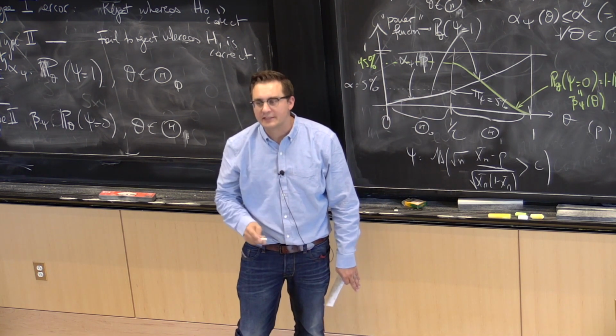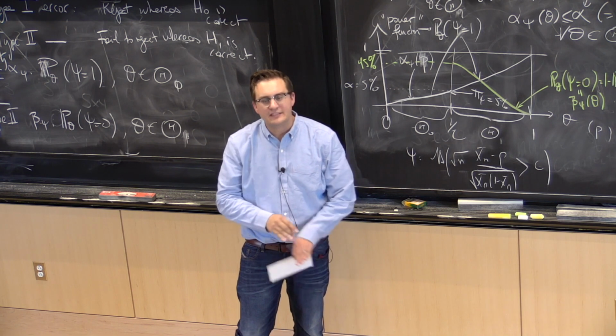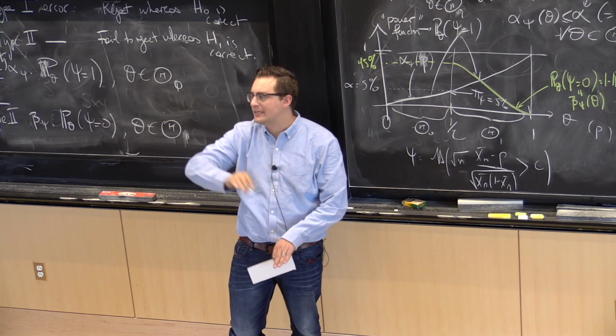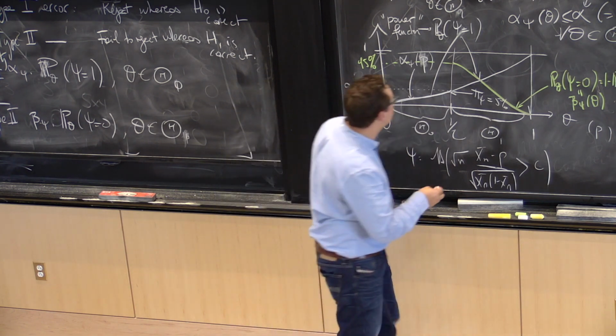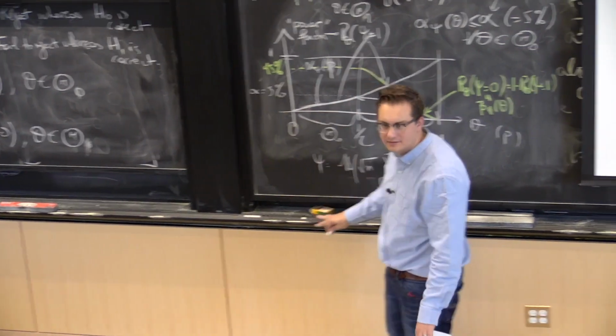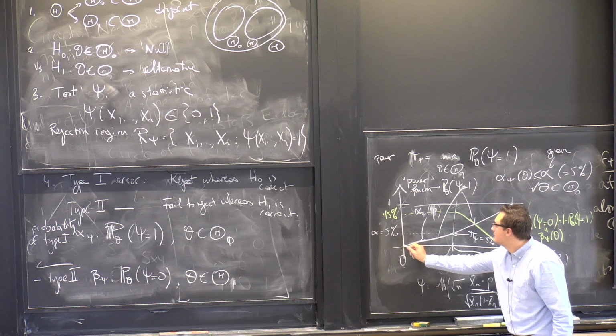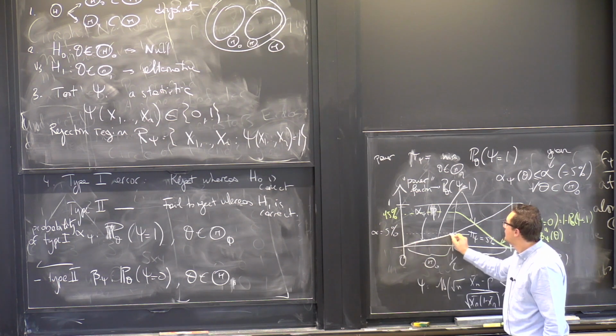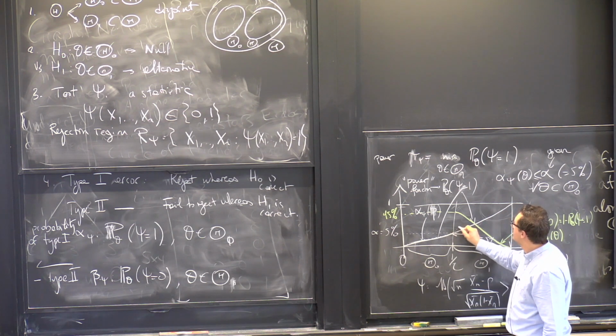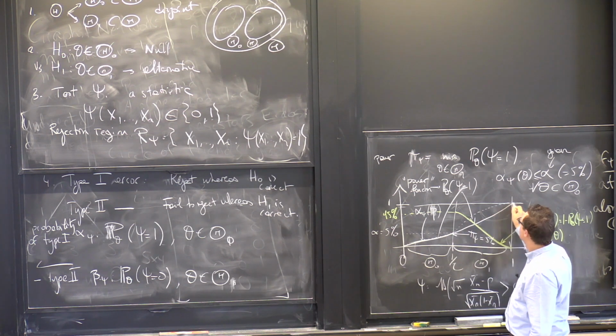And what you could have is tests that have the entire curve dominated by another test. Right? So here, if I look at this test, and let's assume I can build another test that has this curve. Let's say it's the same here. But then here it looks like this.